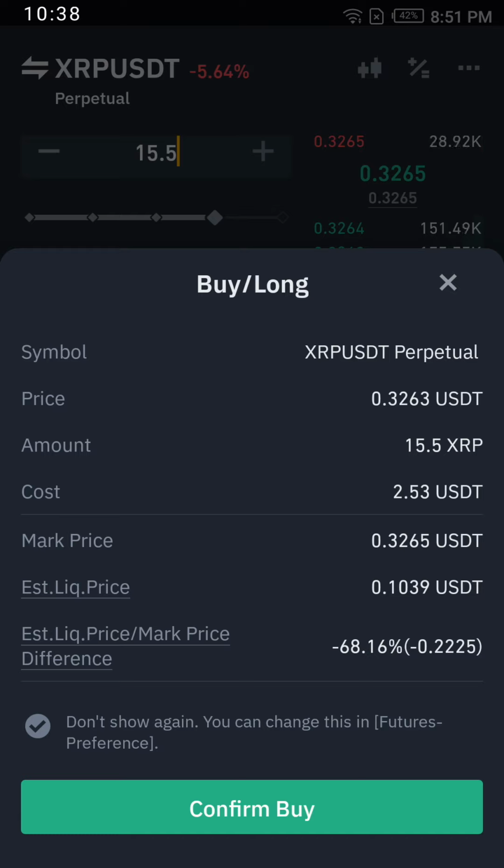So if this market goes to 0.1039 USDT, I'll lose that capital I entered with, and then it will start taking from my balance, and once my balance finishes, I will lose everything. But if it starts going up, I will be on profit. So I click confirm.